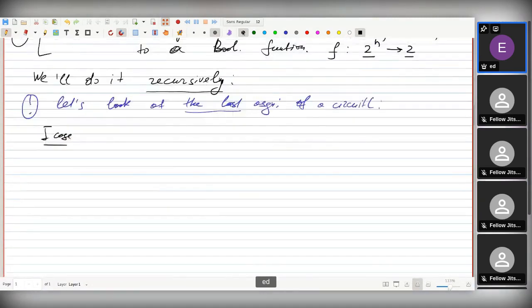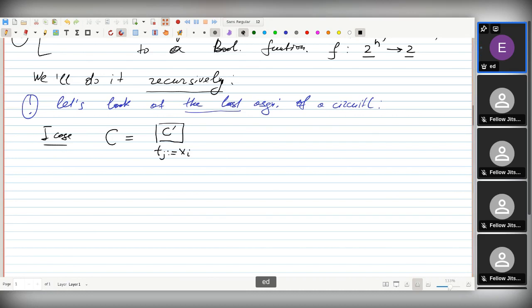So we shall consider these three cases. The first case, so our C is something like that. We have C prime, whatever it be, and our last assignment is just this one. So at the last step, we just take the value of an input number i.